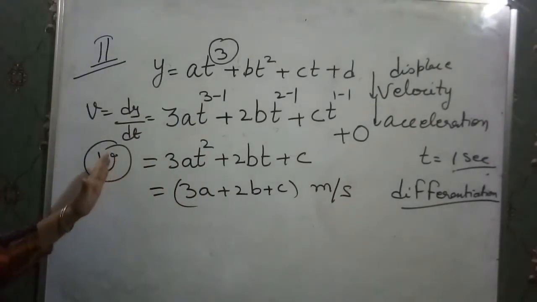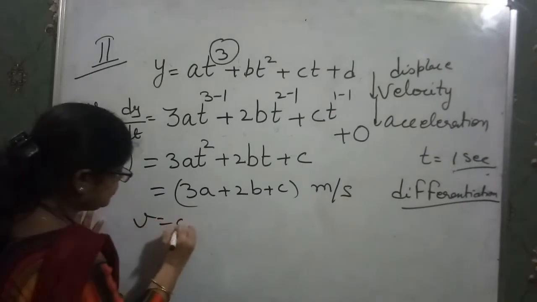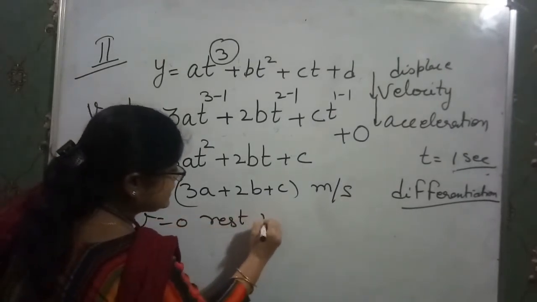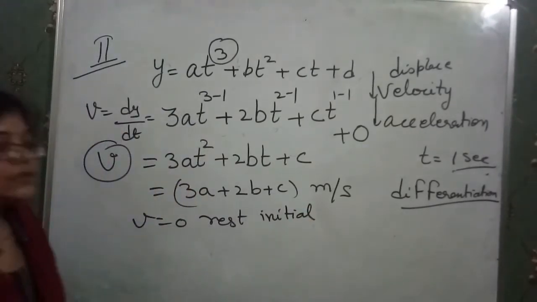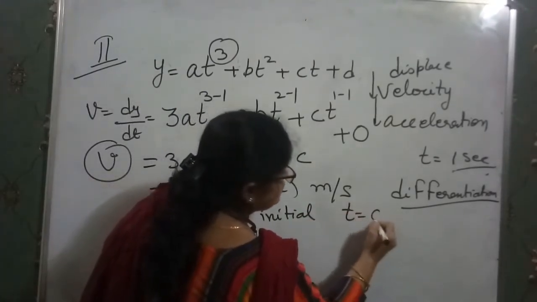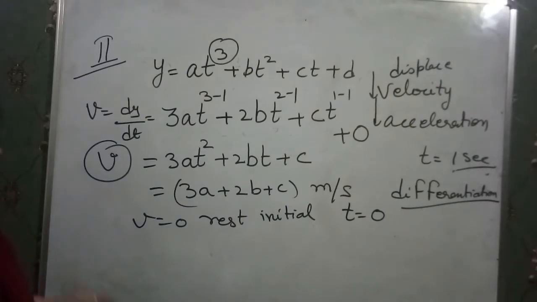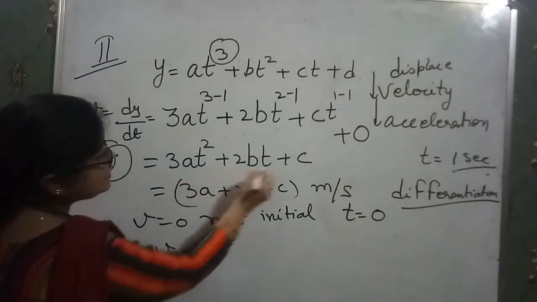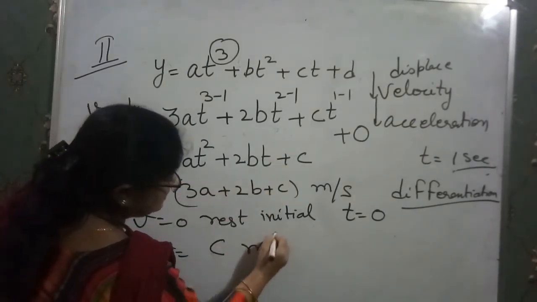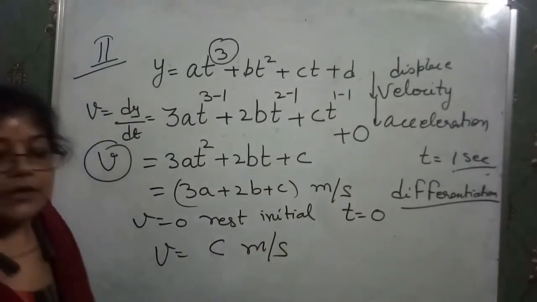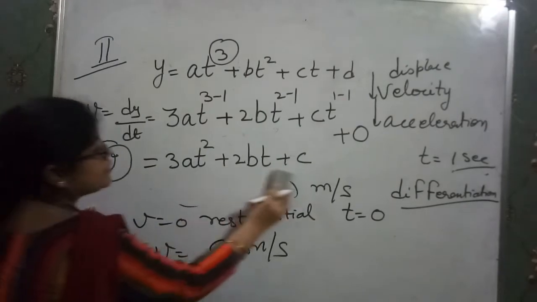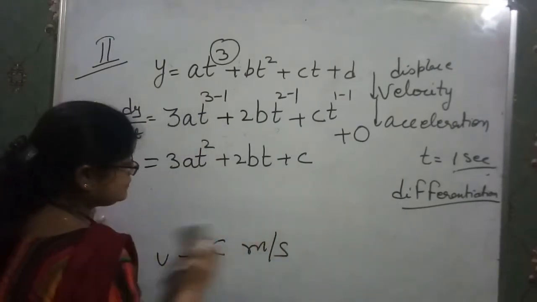If we have to find the velocity at 0, that is at rest, the initial velocity, then put t equal to 0, and the whole thing becomes 0 and only c meter per second. I think the concept is clear now. Okay. Now move forward for the acceleration.